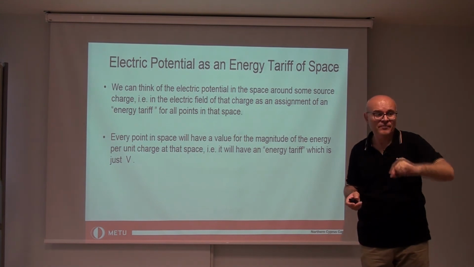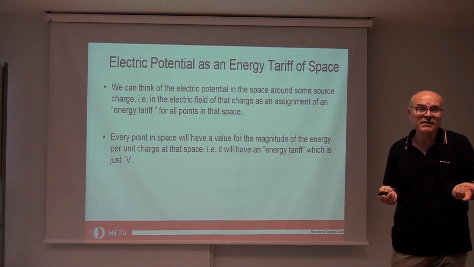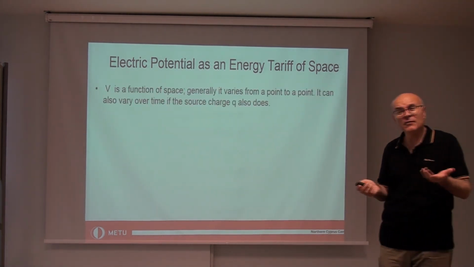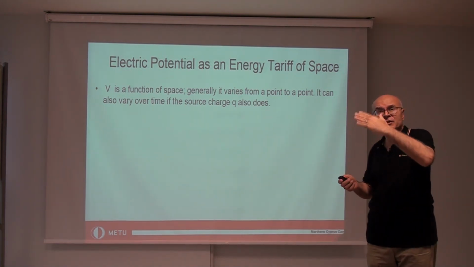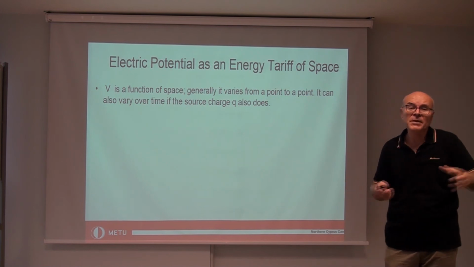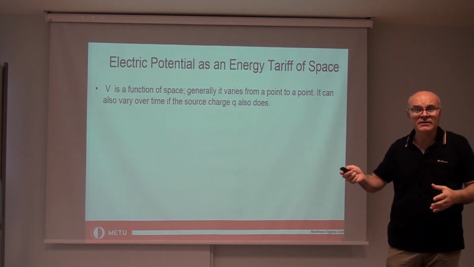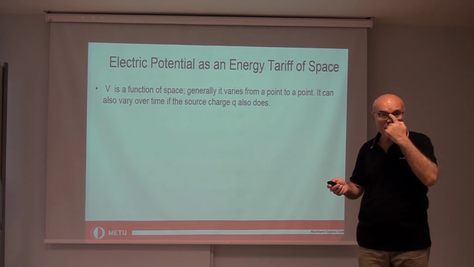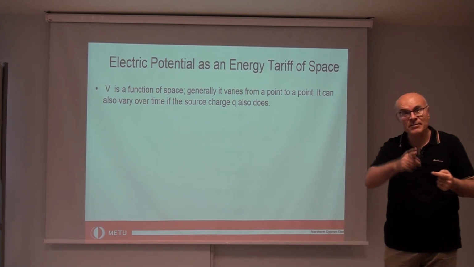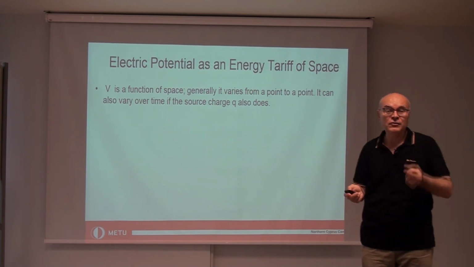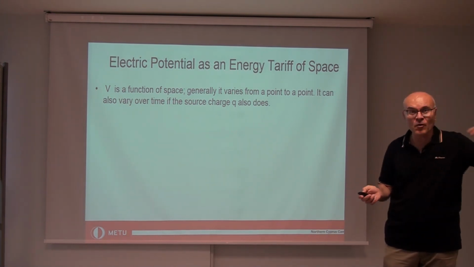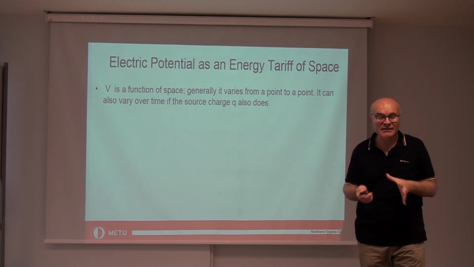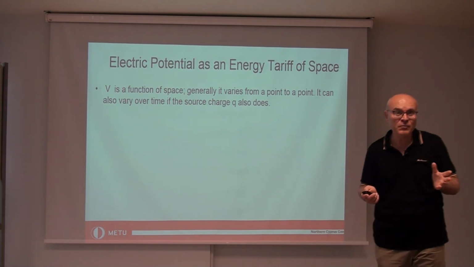This is just the V. Now V here is a function of space because this tariff changes from point to point, depending upon where you are in the field. So the whole space will have this tariff, every point in space.